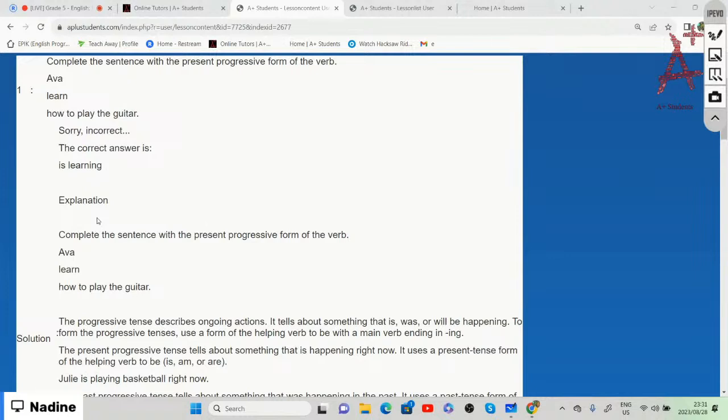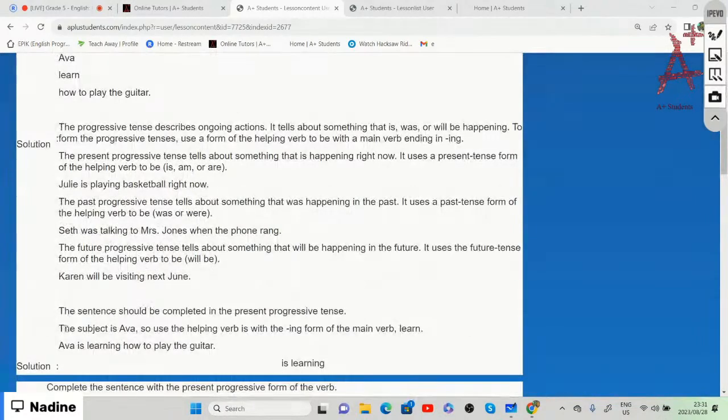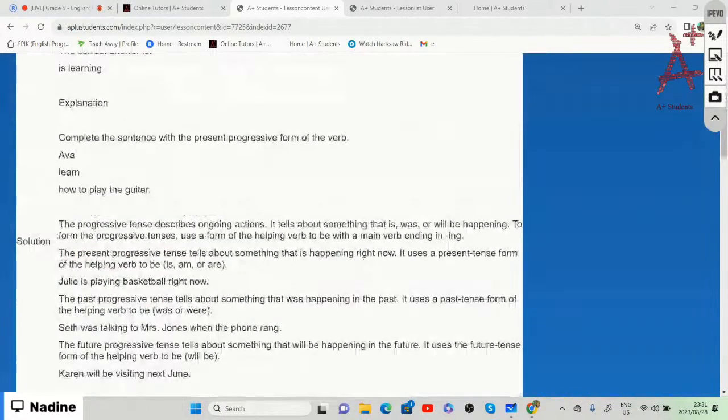So we can say "is." Ava is learning how to play the guitar.